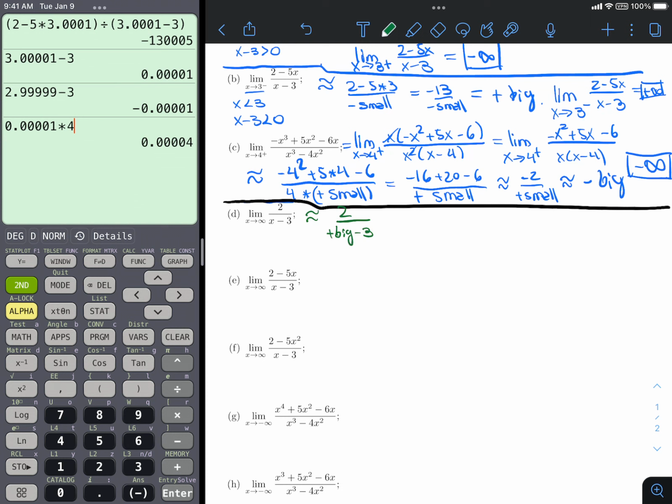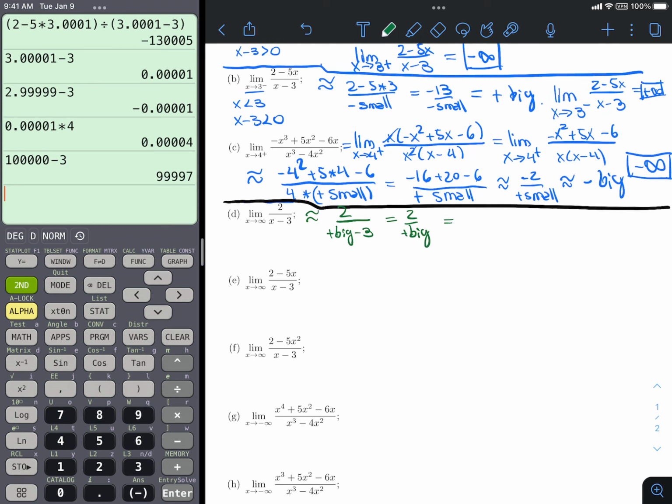And again, something big with 3 subtracted from it doesn't change much. Like if I do 100,000 minus 3, that's 99,997. That's still big.